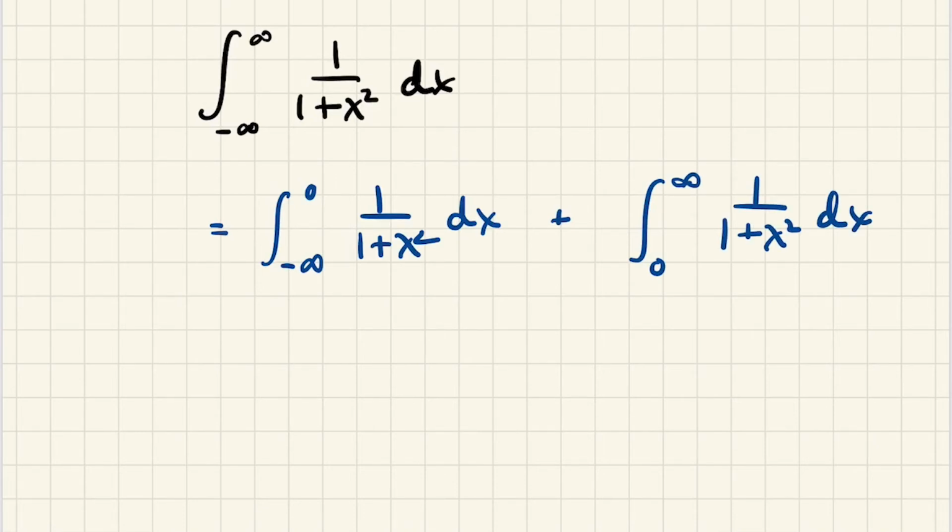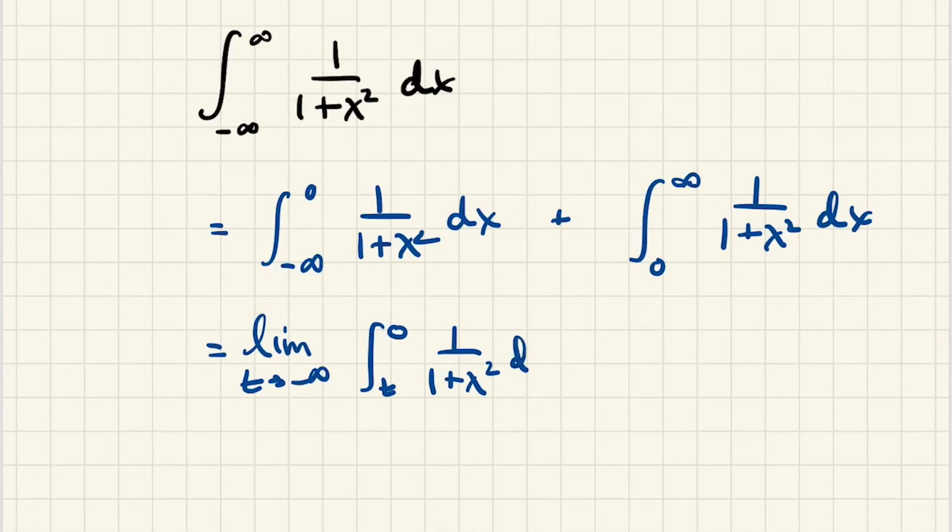Okay, well, that was a little bit of a punt, but we're not really done setting up the problem because we still have two separate improper integrals. The only thing is that at least each of those now only has one bad guy. So in this one, we would let the limit as t approaches negative infinity, t to 0, and work that out.